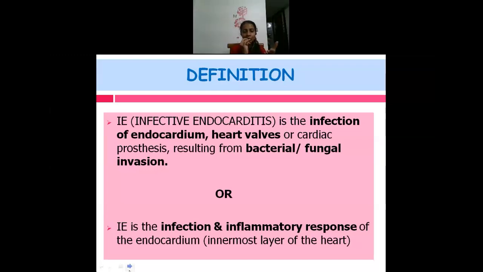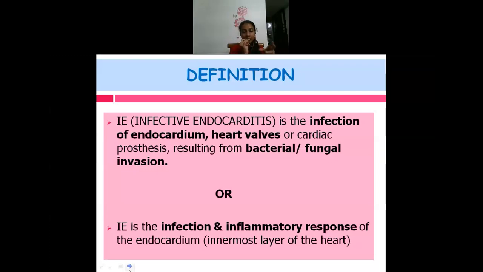We also refer to the heart valve as cardiac prosthesis. Cardiac prosthesis means artificial valve. When the normal heart valve is not functioning, they will replace it with an artificial valve. You will study about it in detail in the coming units. When artificial valves are used in the heart, in that case also most of the time infection can happen, so that will result in endocarditis also.